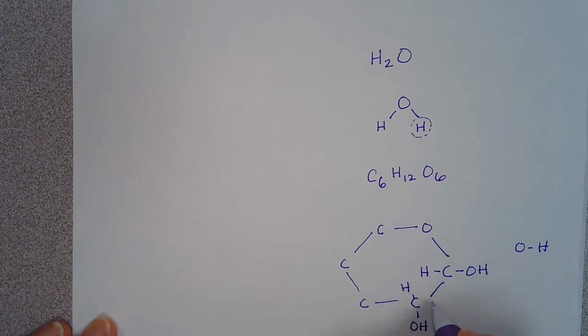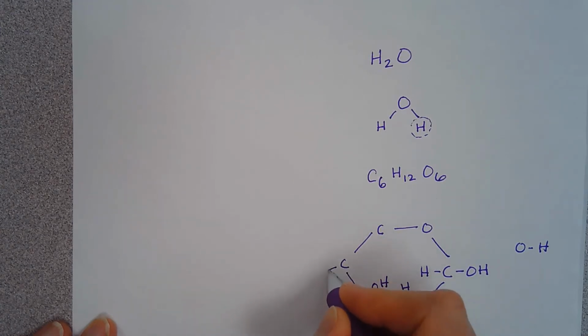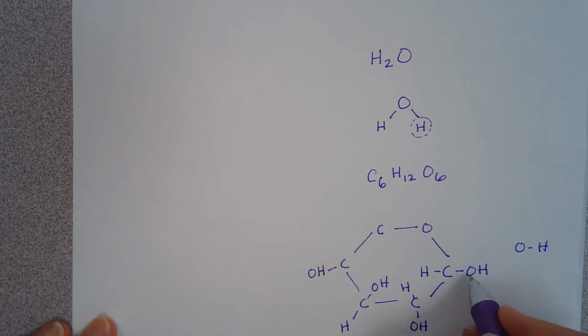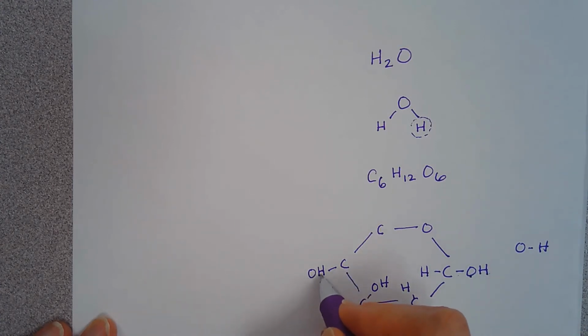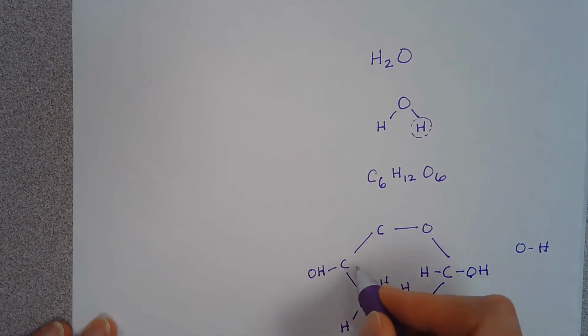Each carbon has to have 4 bonds going off from its main point. So we add more oxygens and hydrogens, and even though this would be connected oxygen and then connected hydrogen, sometimes you'll see it written this way, making it look like it's connected hydrogen to oxygen.